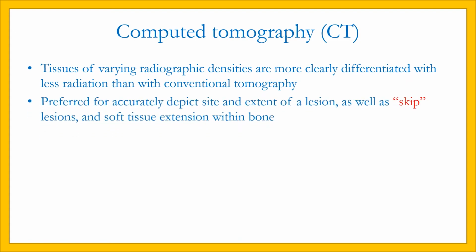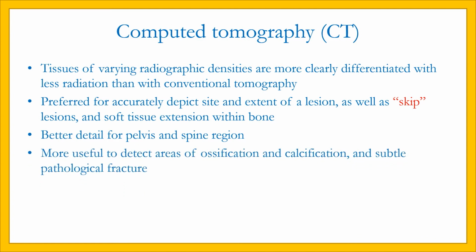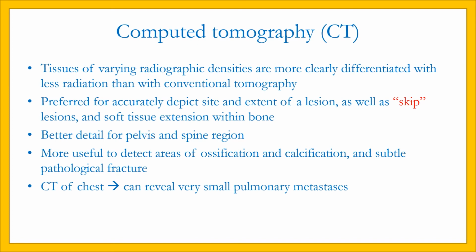Pivotal to accurately depict site and extent of a lesion, as well as soft tissue extension beyond bone. Better detail for pelvis and spine region. More useful to detect areas of ossification and calcification and subtle pathological fracture. CT of chest can reveal very small pulmonary metastasis.